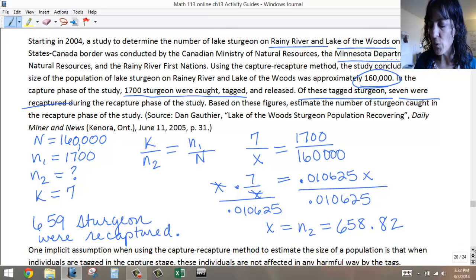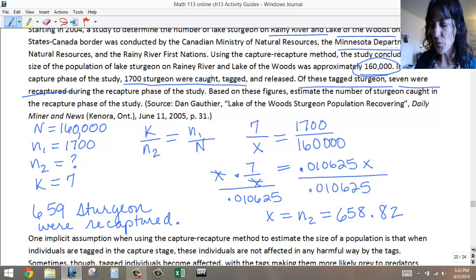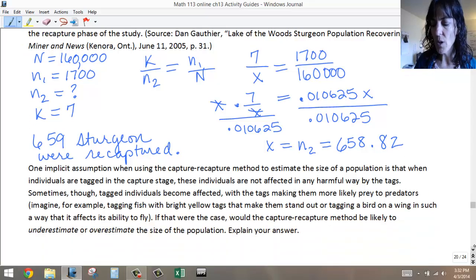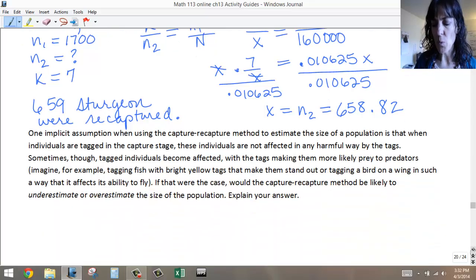All right, so when we do this capture-recapture, we assume that what we're doing to the animal to mark it is not making it easier prey. And we are also assuming that the animals that we catch are representative of the animals in the population, that they're not like the ones that were genetically more friendly to be easier to be caught.